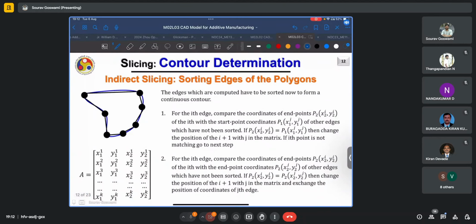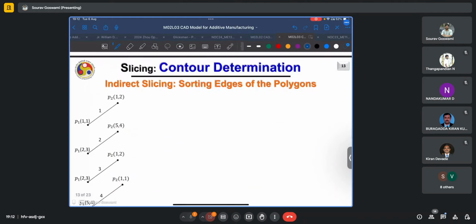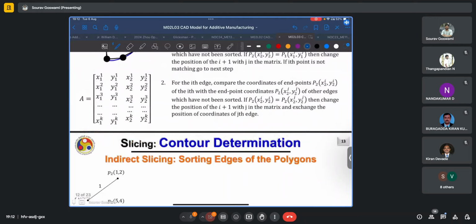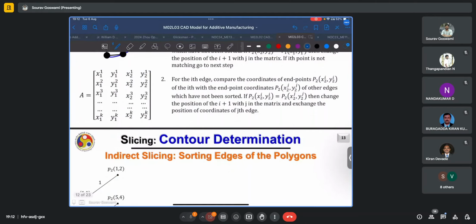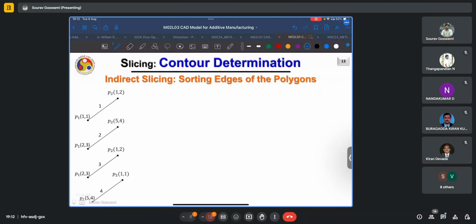Again, once the edges of the triangles are found, they must also be sorted, and the sorting algorithm is defined here. We'll do the example just to see how it goes. So we want to form a matrix of this type.